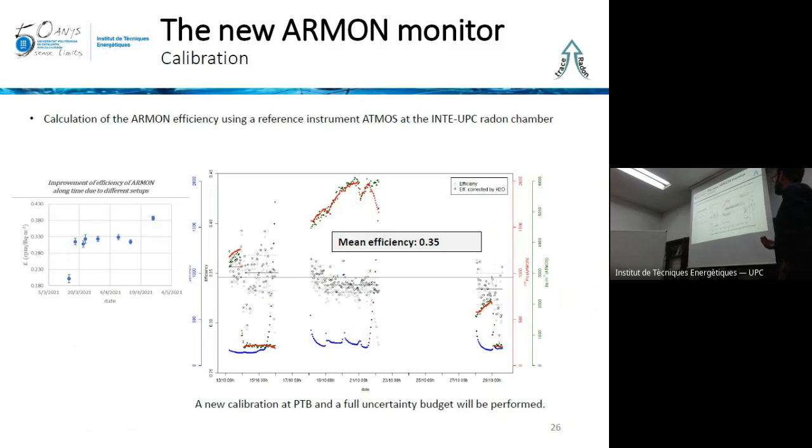We calibrated the instrument in the radon chamber. We had some problems at the beginning because, depending on the position of the detector, we got different efficiencies. In the end, we reached a stable position of the detector where we get a mean efficiency of 0.55.